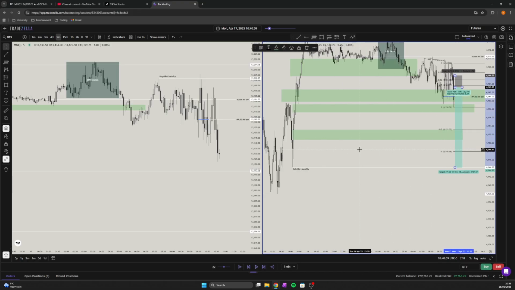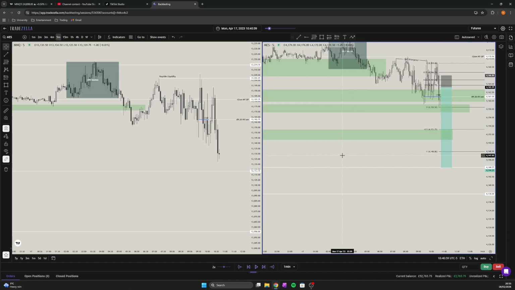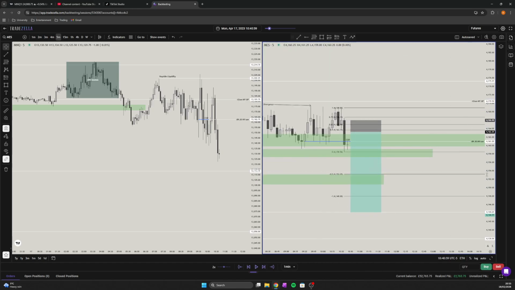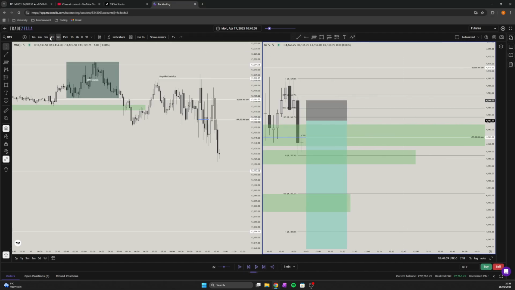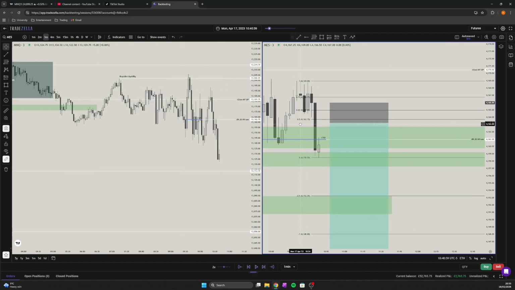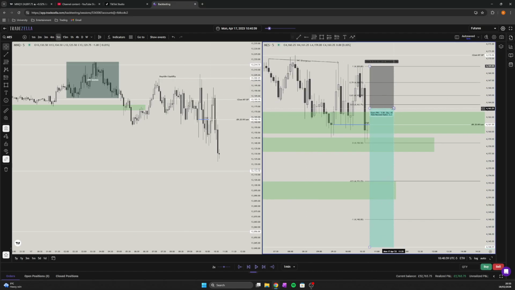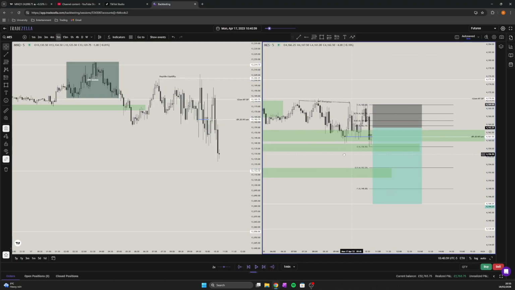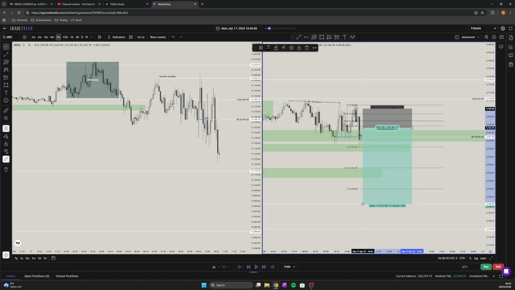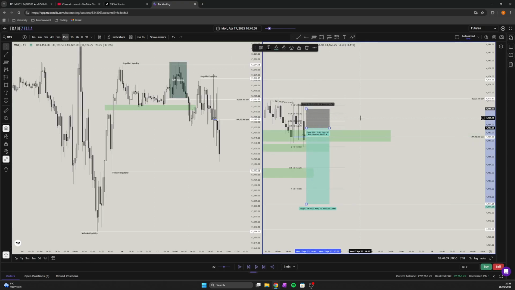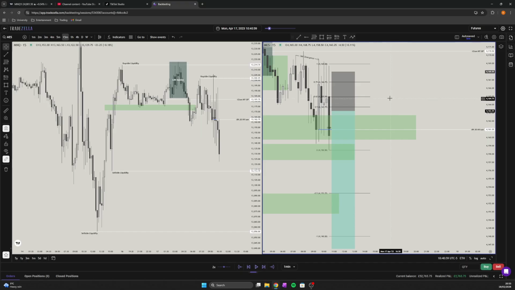I don't like taking these massive RR trades because I'm not skilled. And low key, I feel like I'm going to have to be in this position for a while for something like this to even kick in. I'm actually going to put my stop loss at the most recent swing high because it's better to be safe than sorry, right? So now obviously this risk has been reduced a lot more. Let's check. Is there a 15-minute order block here? There is.